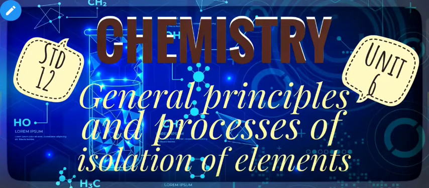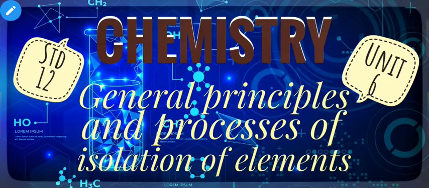That means if it is in compound form, then it will be in positive ionic state. We will reduce it to obtain the metallic state, and then with the help of purification we will remove the remaining impurities, so we can obtain the highest purified metallic elements. So this will be our main process.